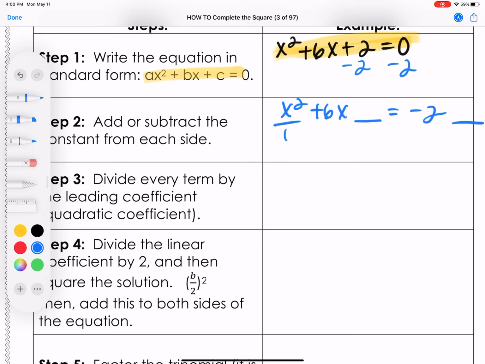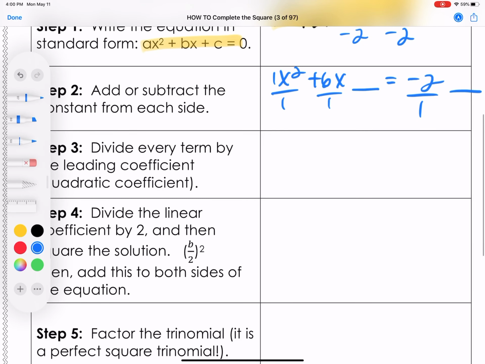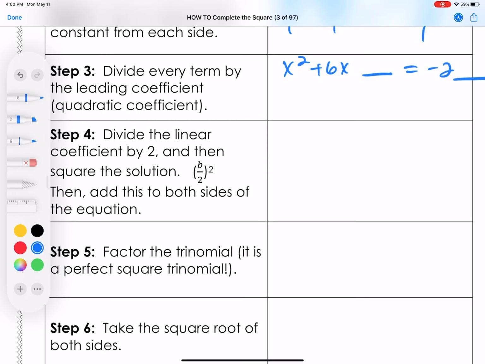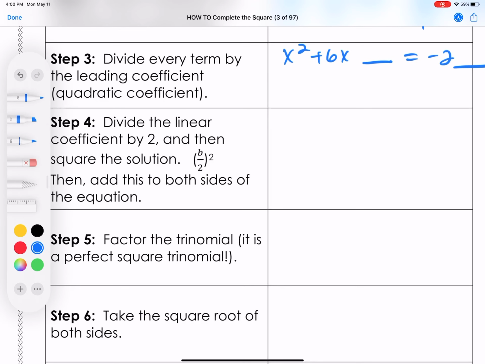So I'm just going to do it just because. So divide everything by your leading coefficient, which is 1. So then we get x squared plus 6x blank equals negative 2 blank. Okay, so all we've done so far is move our c term, our constant, over and then divide everything by your leading coefficient.